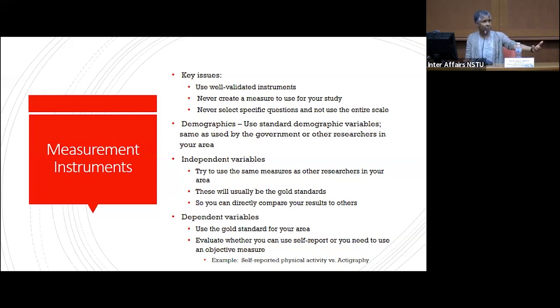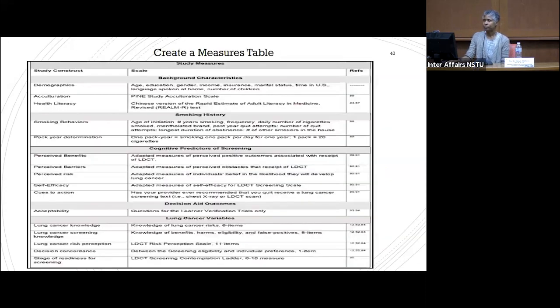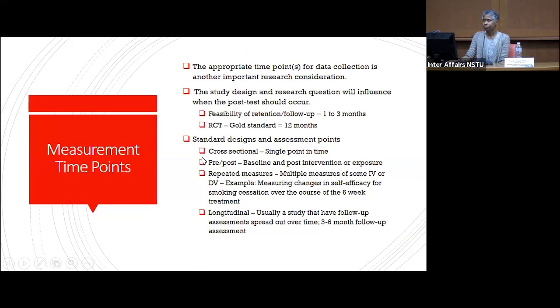It's the same as other studies, or it's different from other studies. So you really want to be able to compare your findings to what is also being found in the field. That's the reason why you want to use well-validated and the most common measures. Okay. And again, we go back to our measures table.